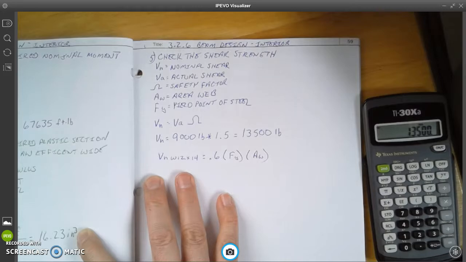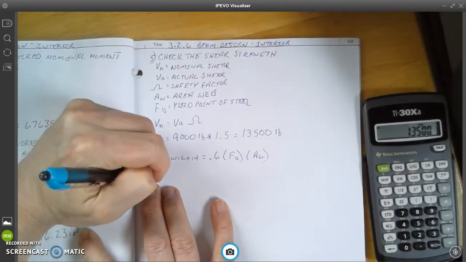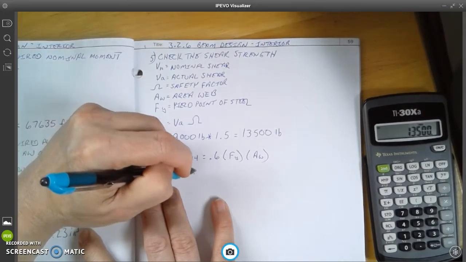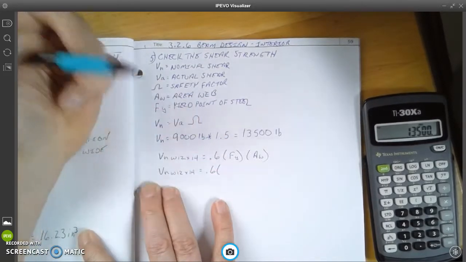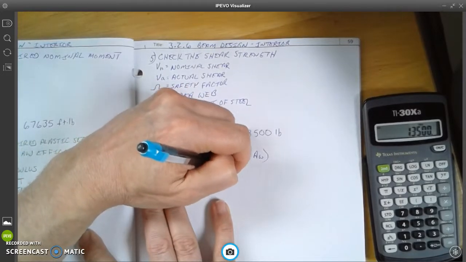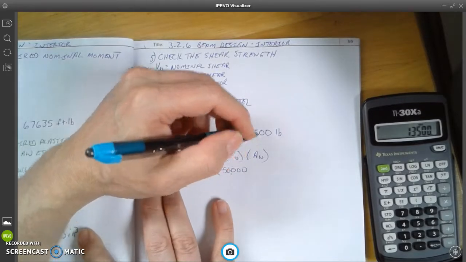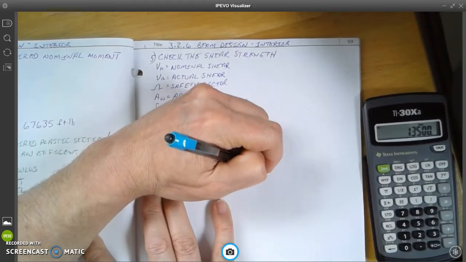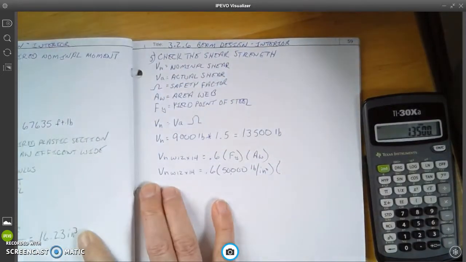And here is where we're going to get into doing a little bit of stuff with the chart. So let's start by just writing out this formula. So Vn for W12 by 14 equals 0.6 times the yield point of steel, which is 50,000 pounds per inch squared, times this area of the web.